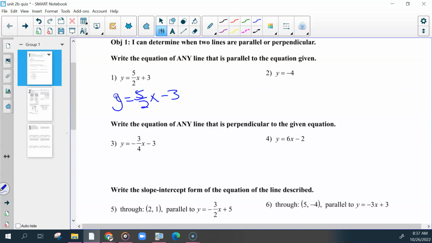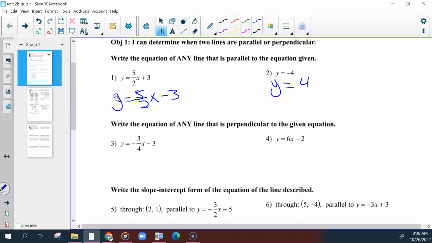Number 2, go ahead. Number 2 is the same. You had to find a line that's parallel to this one. So the slopes have to be the same, so it has to look similar to this one. So y equals, pick another number.